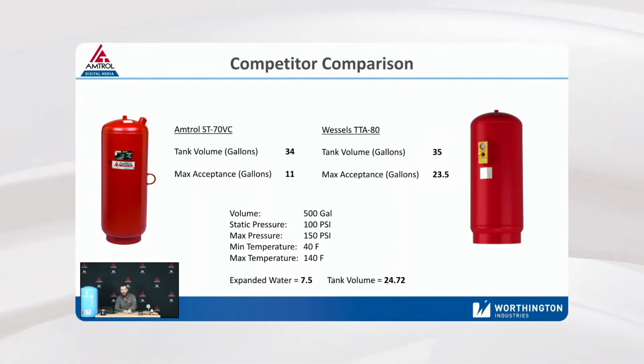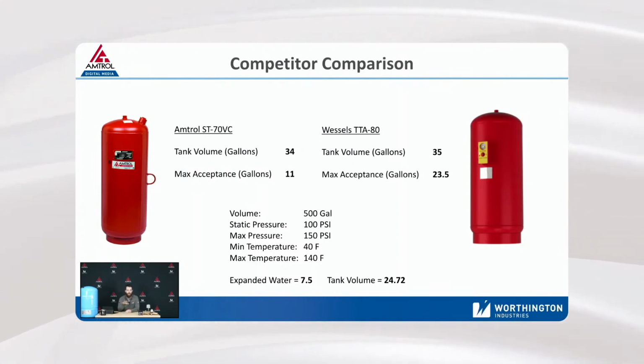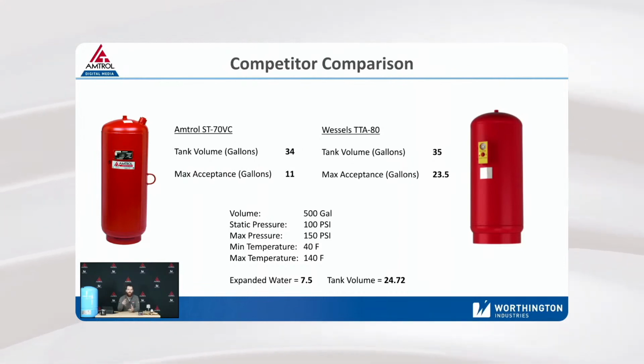But I'm going to give an example of a system that both the tanks work on just fine, and then I'm going to try to manipulate that same system to come up with a scenario where our tank would no longer be applicable, but theirs would be. Admittedly, this took a very long time to figure out, because all these different scenarios we tried ended up with the tank needing to be sized up.